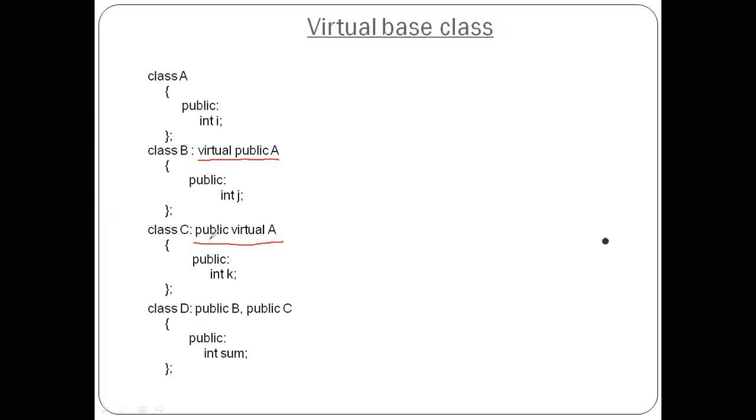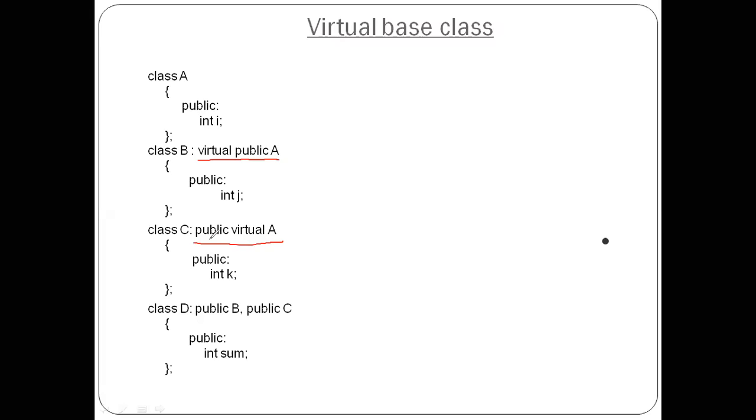Only one instance is created, whether from the B class or the C class, so the ambiguity is removed from that multiple inheritance. A single copy of that data member is shared with respect to all the derived classes.